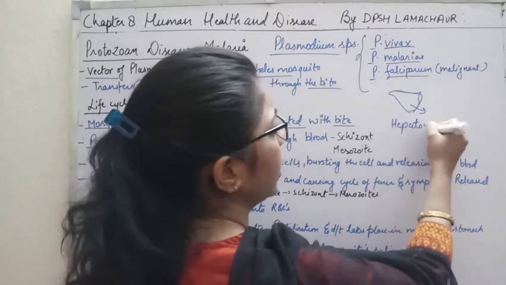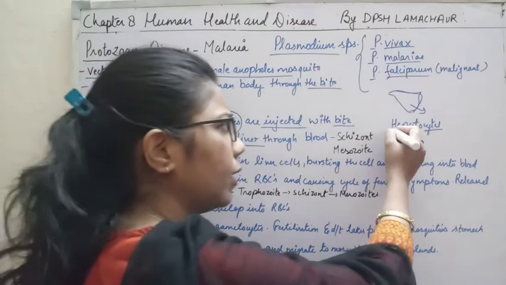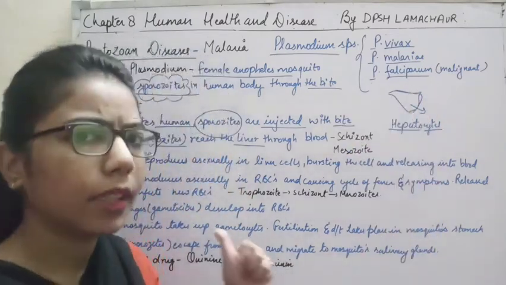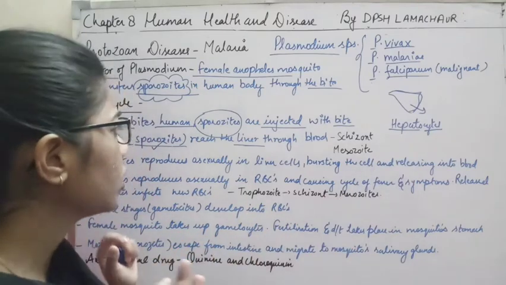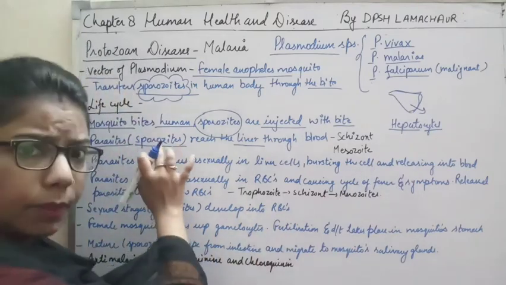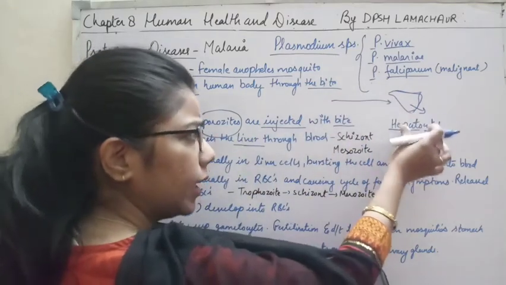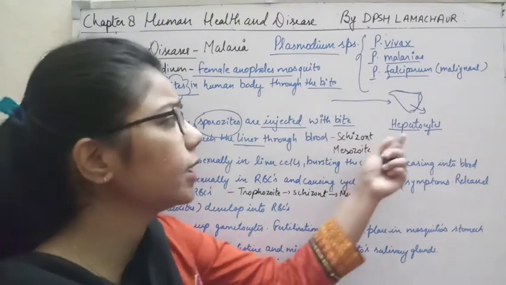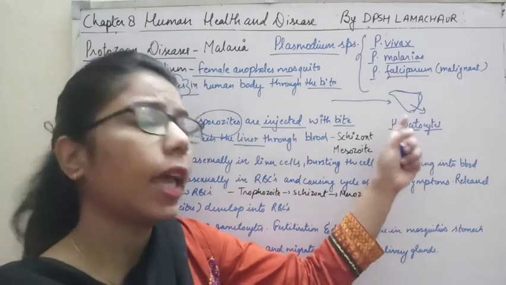Cytes relates to cells, and hepato relates to the liver. Whenever we talk about the liver in biology, it means hepatic. So this parasite will reach the liver, where hepatocyte cells are, and it infects these hepatocytes.